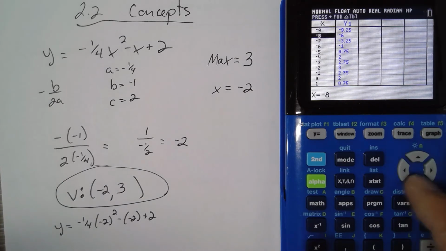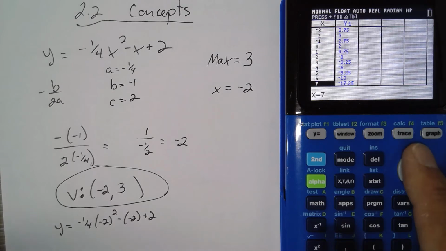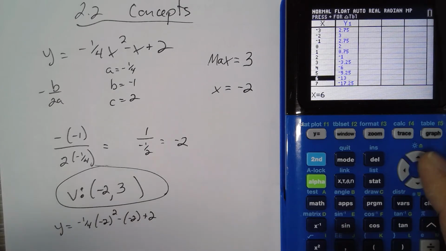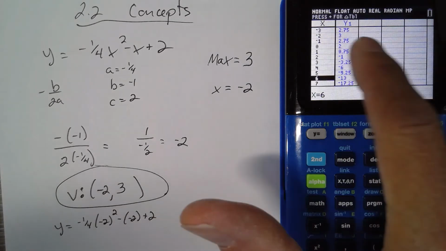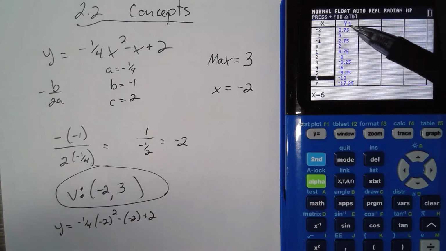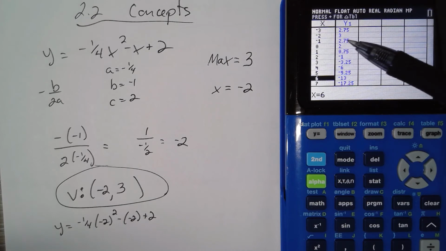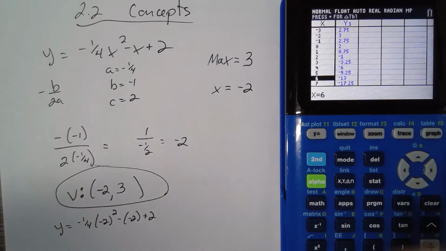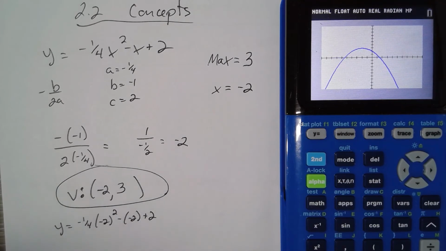You can go up and down. So if on a quiz you're asked to fill out a table, you could literally just write in all these answers. If you're asked to graph it, then you would plot all those points. You go to negative 3, go left 3 up 2.75, put a dot, left 2 up 3, put a dot, and so on, and your graph will look like this.